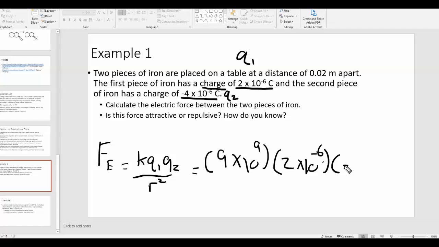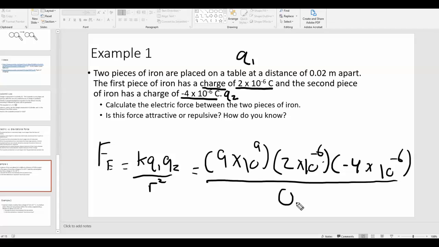Q2 is going to be negative 4 times 10 to the power negative 6. Again, make sure you put parentheses around everything. And then we divide by the distance squared. Don't forget to square on the bottom. Okay, so 0.02 squared. All right, and you're going to plug this into the calculator just like this.